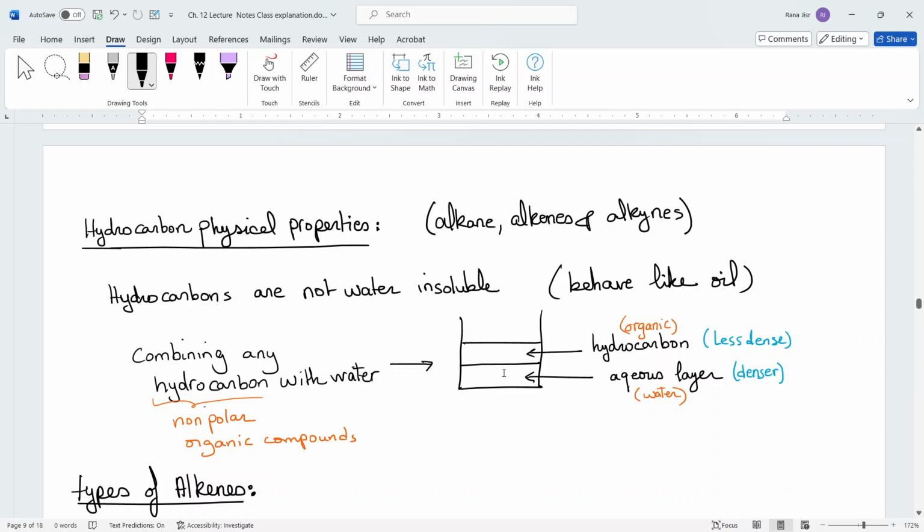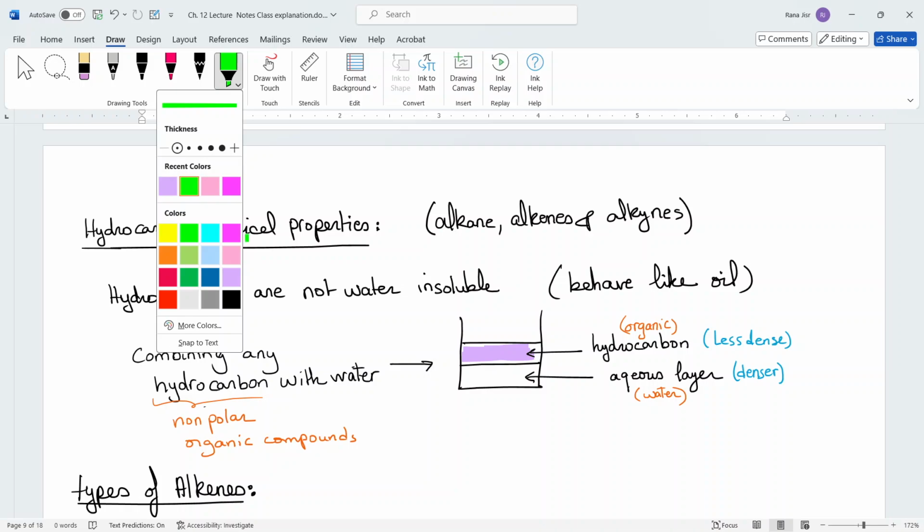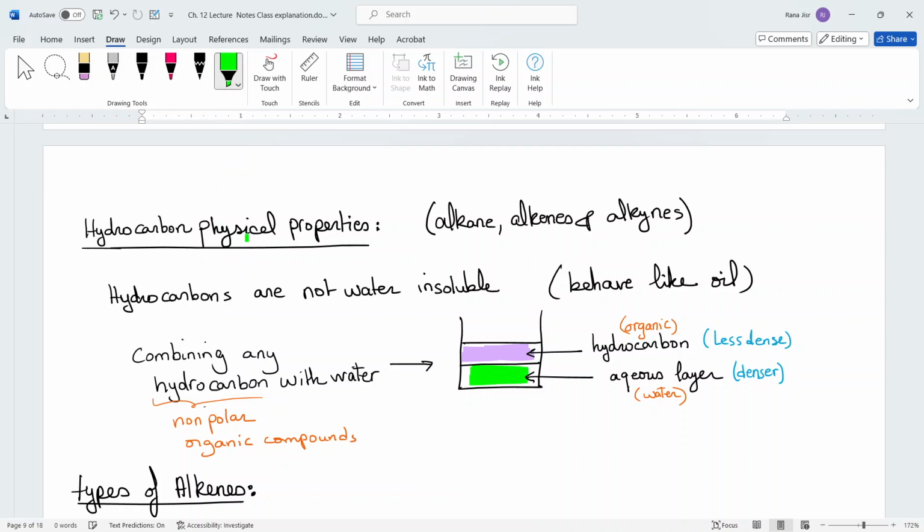Now, always the hydrocarbon layer is lighter, and the water layer, which is the aqueous layer, is going to be the denser. So the water layer is going to be at the bottom, the organic layer is going to be at the top.